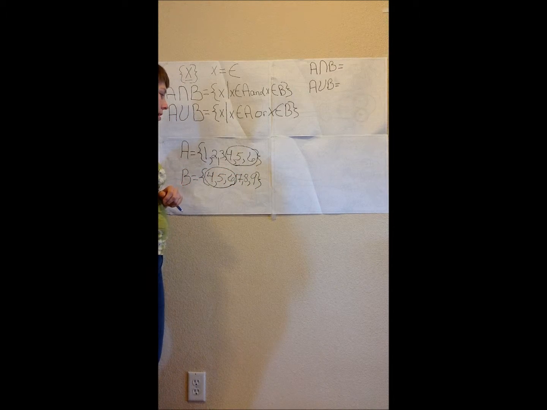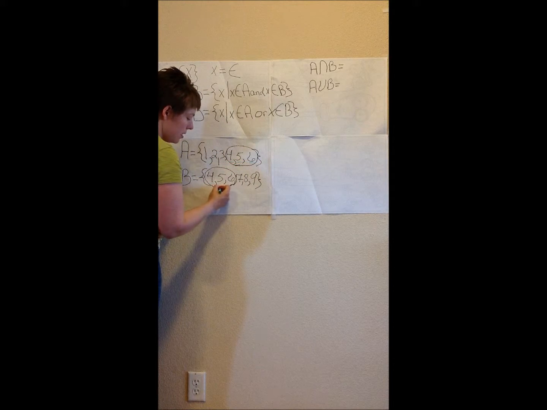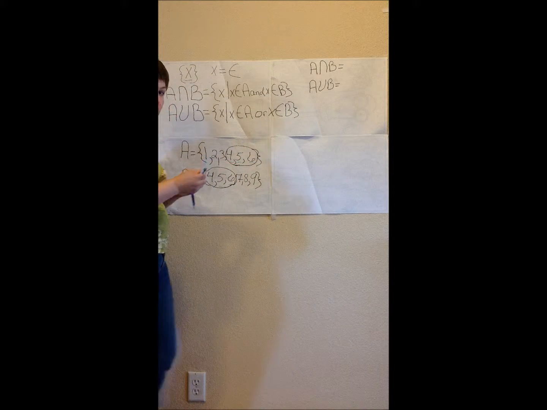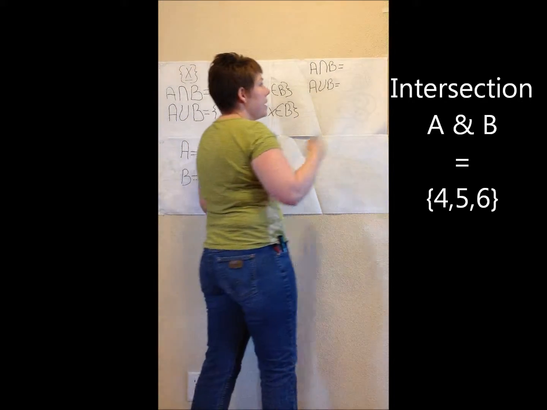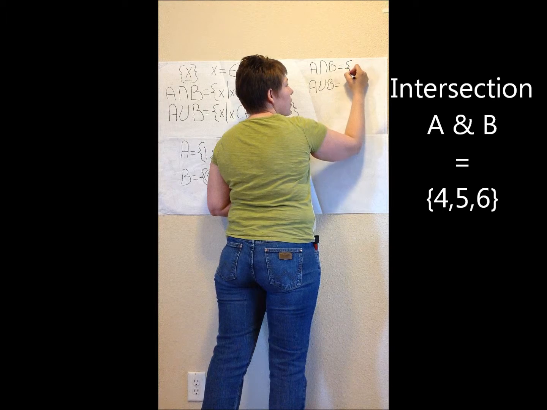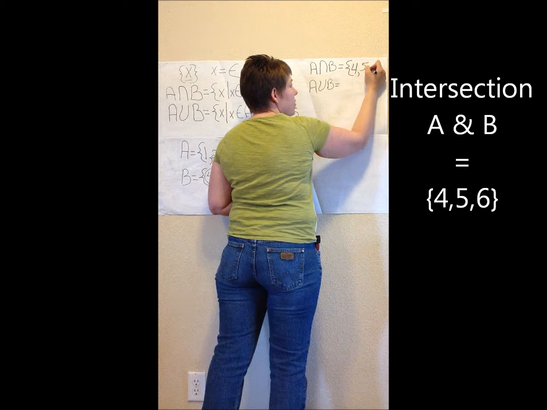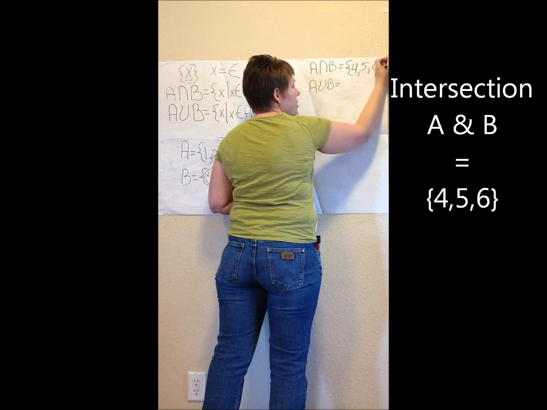That means that the numbers 4, 5, and 6 are common in both sets, making the intersection of sets A and B the integers 4, 5, and 6.